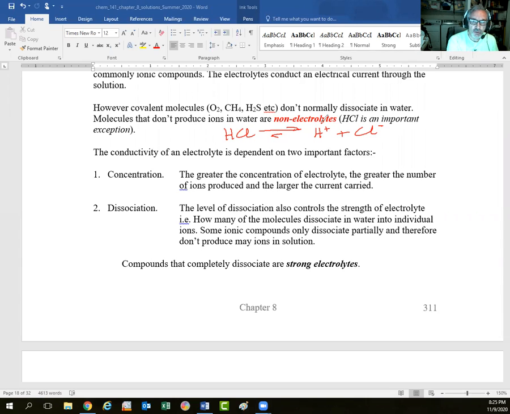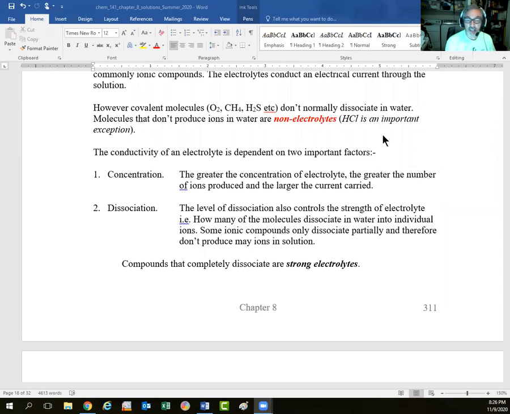So there are some covalent compounds which are indeed strong electrolytes. The only one I'm expecting you to be familiar with is HCl. Again, it is a very small list. Normally, if the compound is covalent, it doesn't dissociate, it's a non-electrolyte.